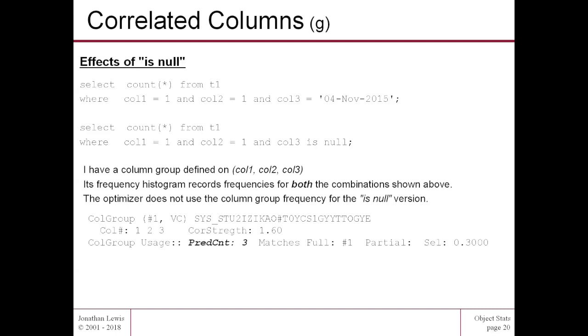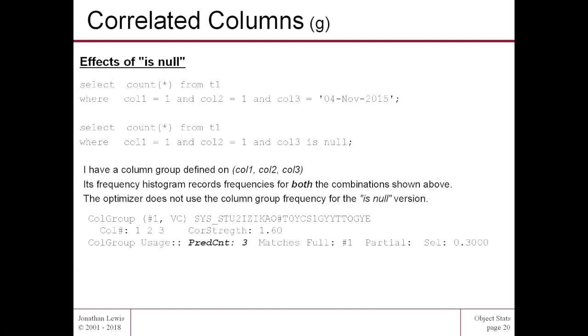Forget my column group. And when we look at the trace file, you can see here that Oracle basically says, in the first bit of the 10053 trace file, you've got 3 predicates in your query. I've got a column group here, which is a fantastic match for those 3 predicates. I've got a full match on that column group. I will use the column group, I will get the right numbers, and I will give you a good estimate on that query.